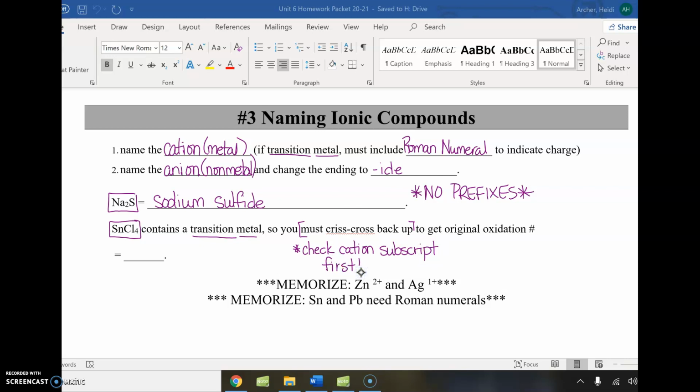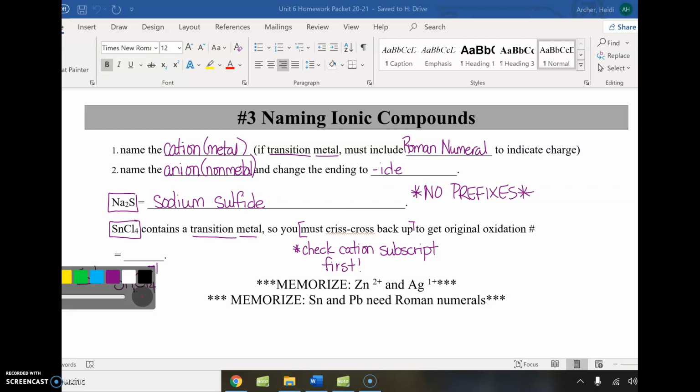Okay, so how we do that is we're going to look at two different examples. So example 1 is going to be SnCl4, just like what we have up here. I am going to do another example as well. Notice that we have an assumed 1 subscript there. Chlorine, we know, is a 1 minus charge. So the 1 and the 1, they match.